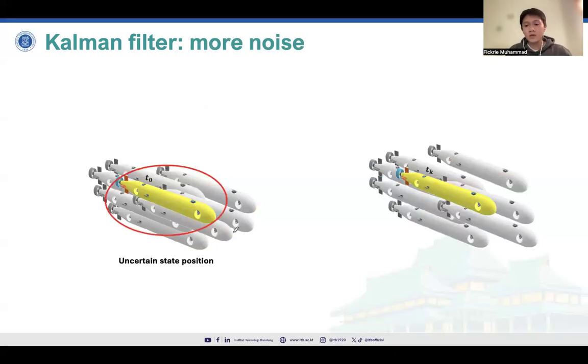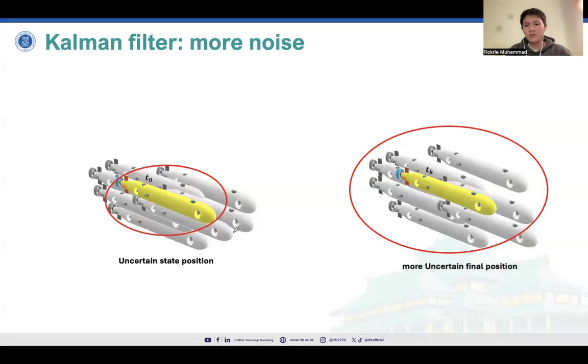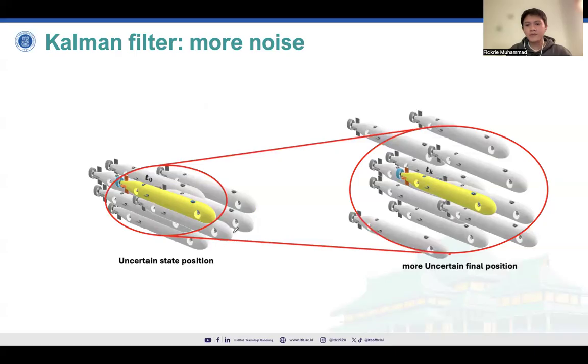This is our uncertain state position, and probably in our next state the noise is larger, giving more uncertain final positions. We have process noise because the process noise covariance matrix basically sets how fast the uncertainty grows.